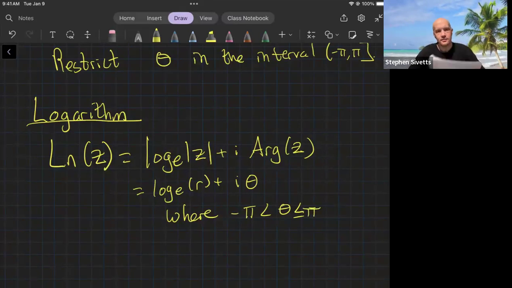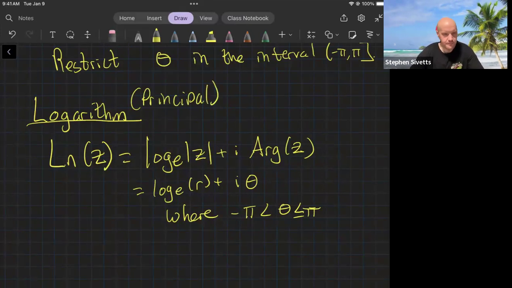Okay, that's another way to write out the principal logarithm.